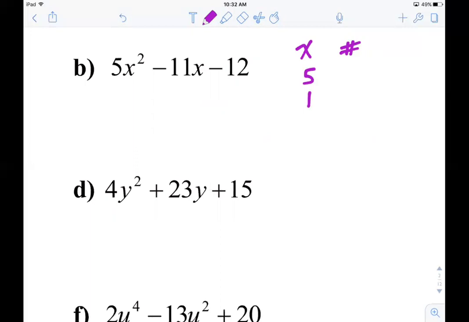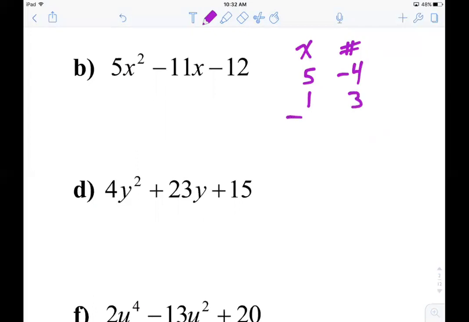Now that's a tricky one because again, there's lots of different combinations that make 12, like 1 and 12, 2 and 6, 3 and 4, but I actually need to make -12, which means I can't just test each of those. I need to test each of them and each of the different combinations where 1 is positive and 1 is negative. So for example, if I try 3 and 4, maybe I try -4 and +3.